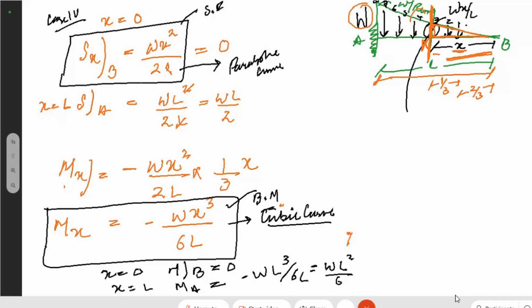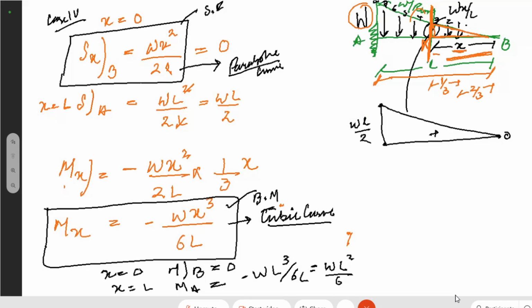It will vary cubically, and shear force will vary parabolically. While drawing the shear force or bending moment diagram, at point B I saw the shear force is 0, in the positive direction, and at the end point the shear force will be WL by 2.